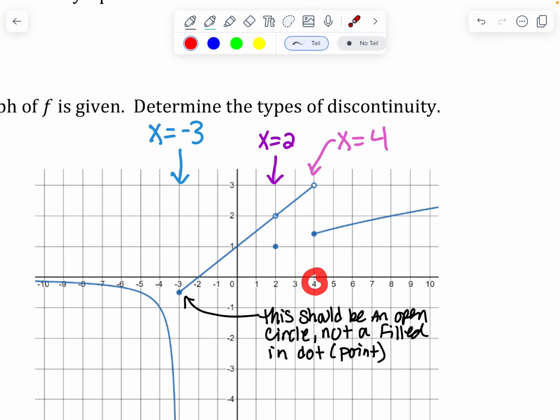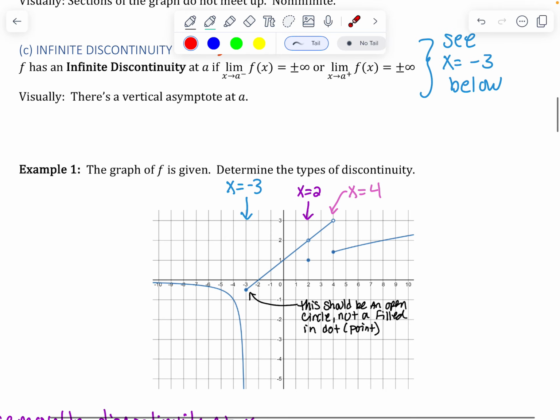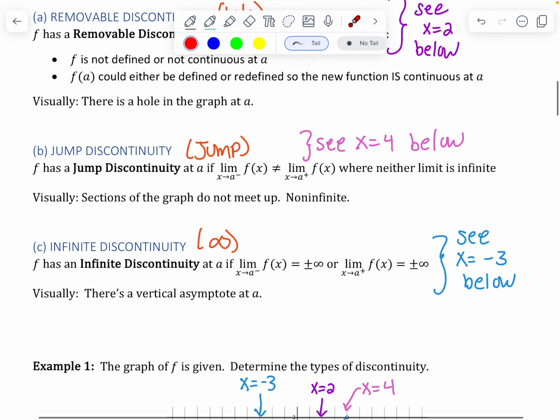When we look down here at x equals 4, we can see this section where our graph does not meet up at both places. It does happen to exist, there is an f value at x equals 4, but these could have both been open circles and we would still have jump discontinuity.